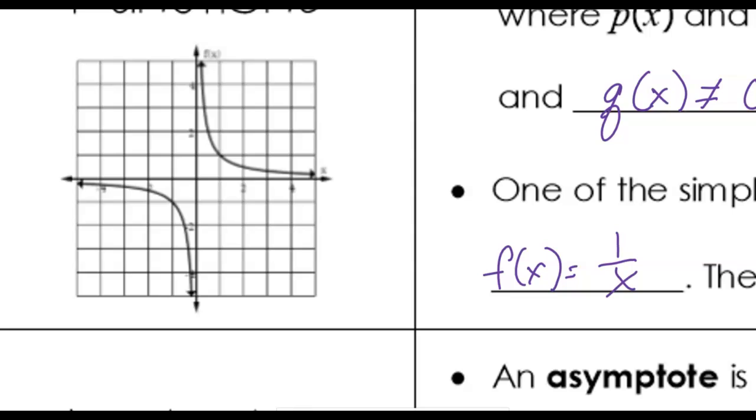Oh, not quite that many. Close though, Sydney. I think I see where your brain is going. You're thinking like the four quadrants. Right. There are two asymptotes here. One along the x-axis. We call this a horizontal asymptote. Right? It's like the horizon.